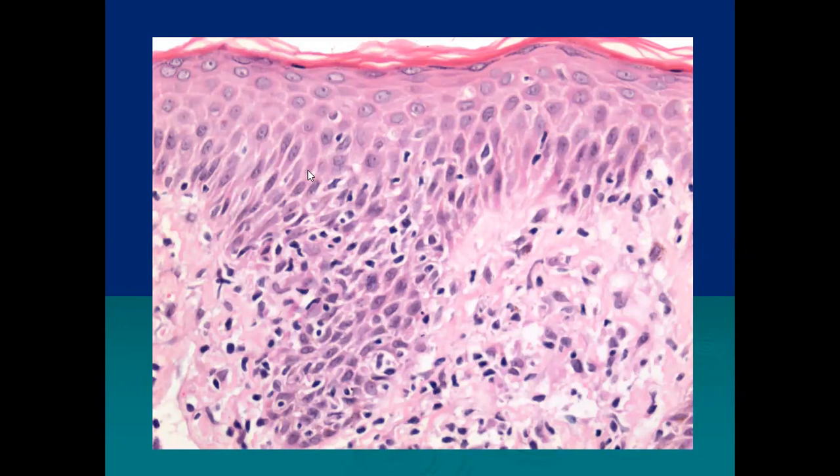Here in this picture, you see the spongiosis as well as the inflammatory infiltrate, which is comprised mainly of lymphocytes. So lymphocytic exocytosis is a feature of many different kinds of eczemas, which are usually of non-allergic origin.